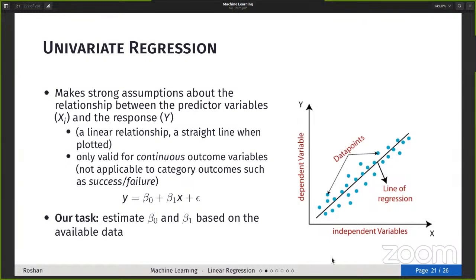Again, I assume that there is a linear relationship between the independent variable and the dependent variable. Linear relationship means, as x increases by some amount, y also should increase by some amount in the same specific direction based on the slope. So that is what I call a linear relationship.